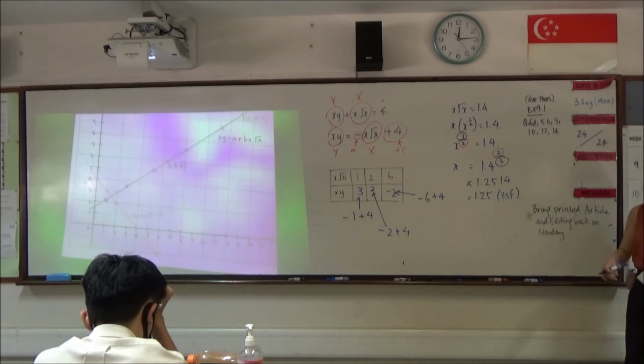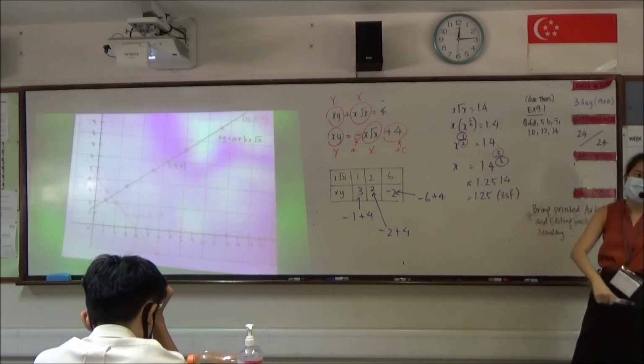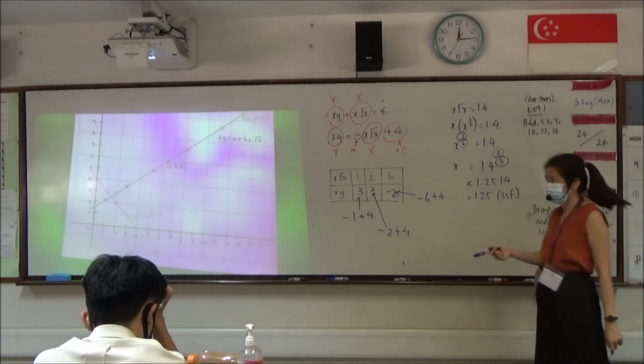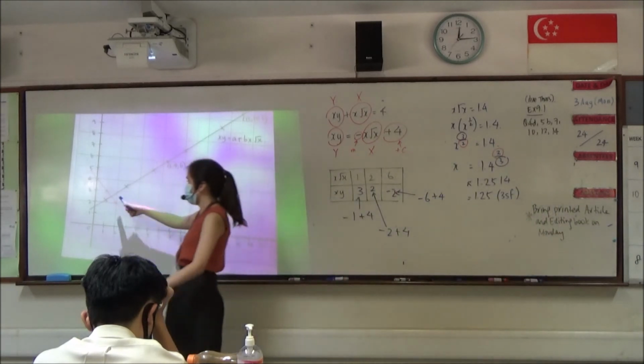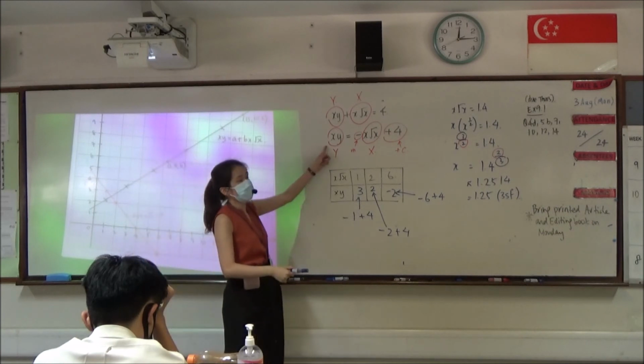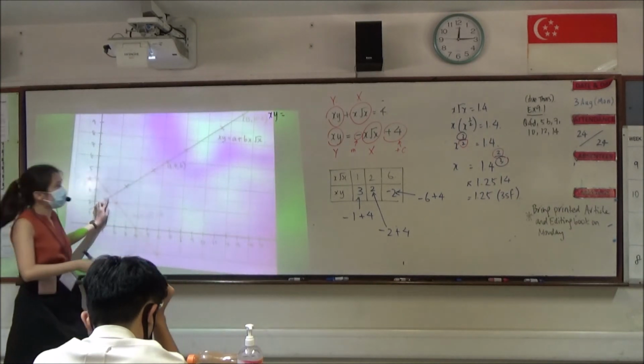Alternatively, it is not all the time that you can make use of the x coordinate nicely and then after that get the answer. Why do I choose the x coordinate and not the y coordinate of that point? If you look at the y coordinate of the point, y coordinate actually represents xy. So if I read in this diagram, I get about 2.5.